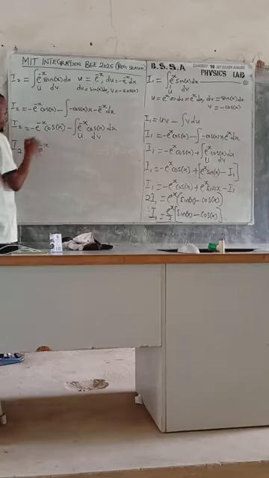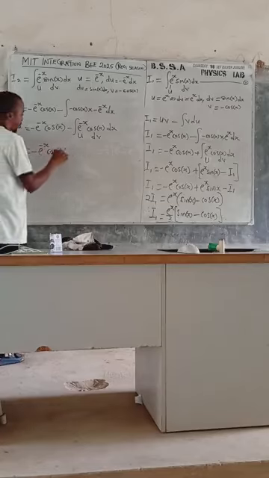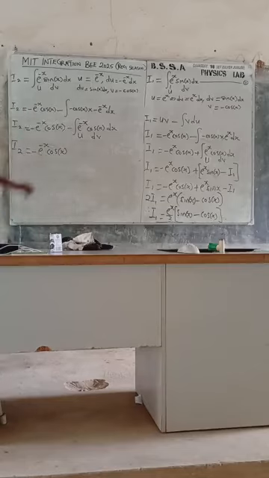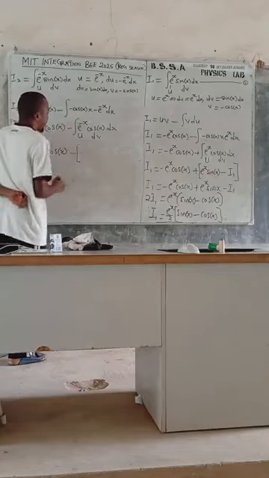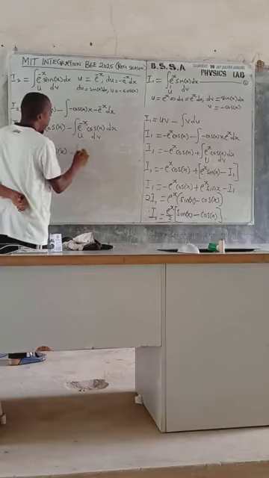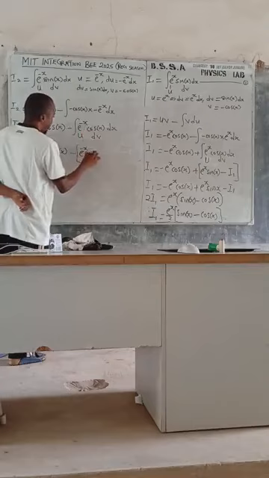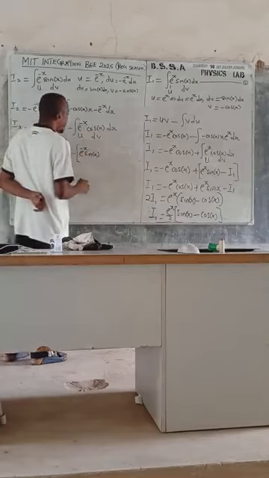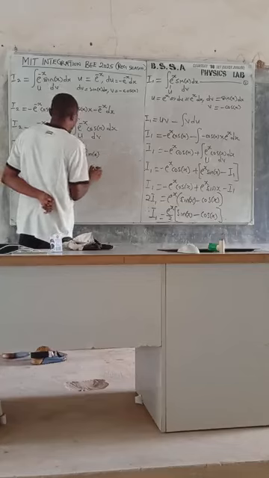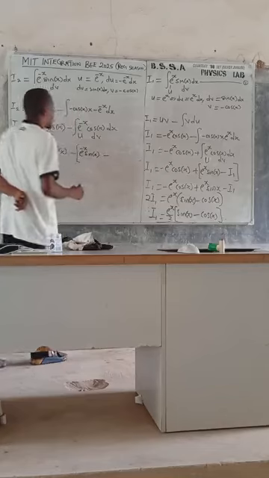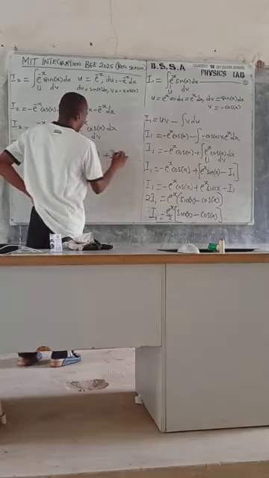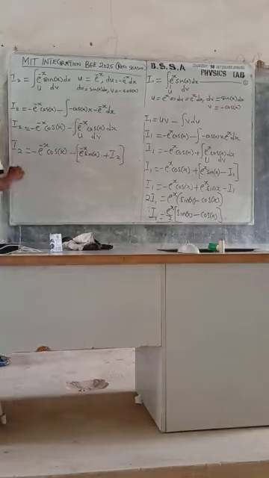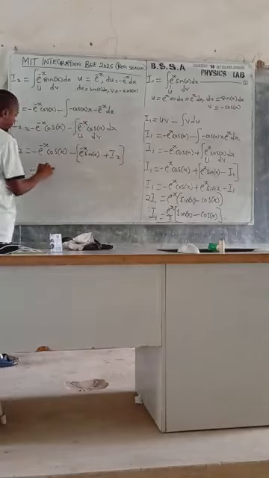We should have e to the power of minus x cos x, minus, open a bracket. Right now we do this again. We are going to have e to the power of minus x sine of x, then what we are going to have here is a negative, so this will be a positive I2.